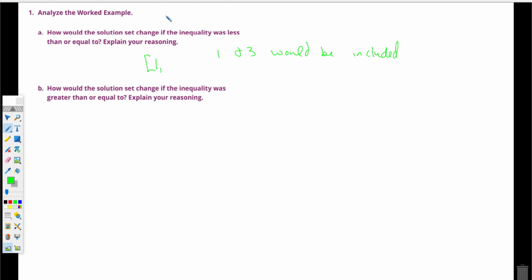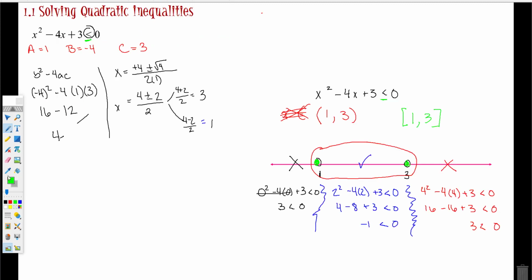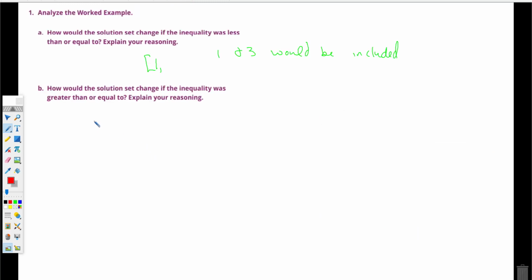What if it was greater than or equal to? If I look at it as greater than or equal to, that means it would be changing these two spots. And so that means that our answer would be from negative infinity until I hit that 1, and it said greater than or equal to, so that means it's going to be a square bracket, or it'd be from 3 to positive infinity.